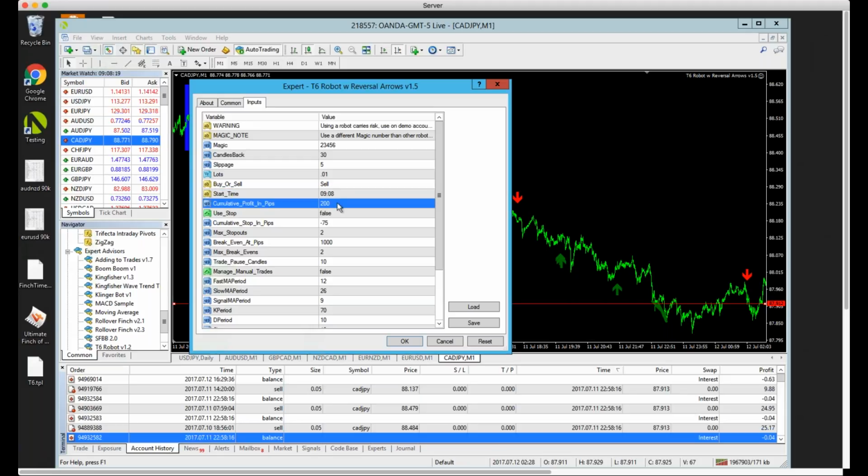Now, the other one I get a lot of questions about is the cumulative profit in pips. And Wes, we've basically found that you want to have a profit target that's really big and a stop loss that is smaller. Yes. Why did we decide to do that? Well, because it might stop out a couple of times, or might stop out once before it actually takes profit.